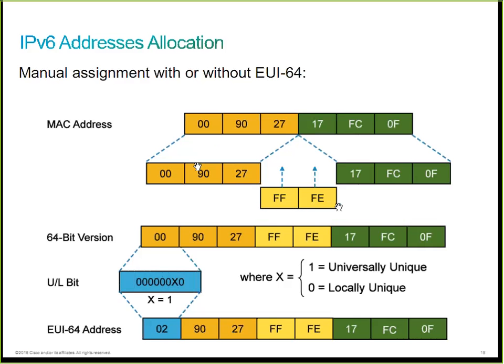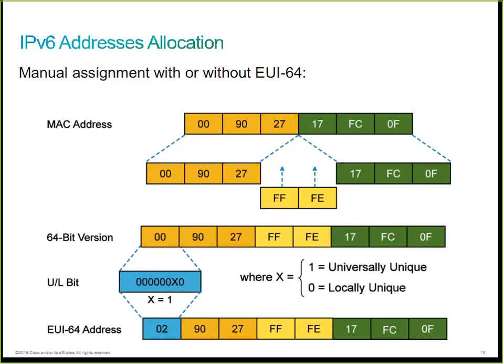So to the 48-bit MAC address, you're adding 16 more bits, and that's what makes it 64 bits. Understood?